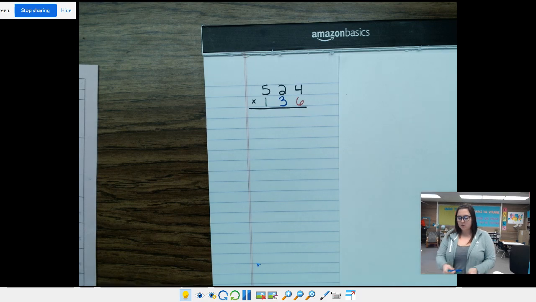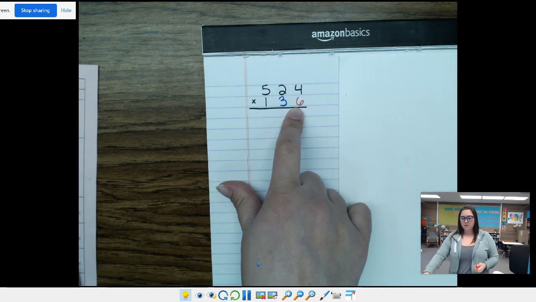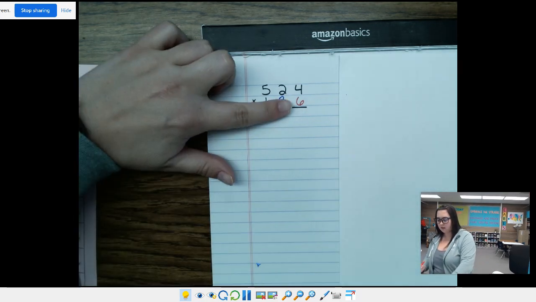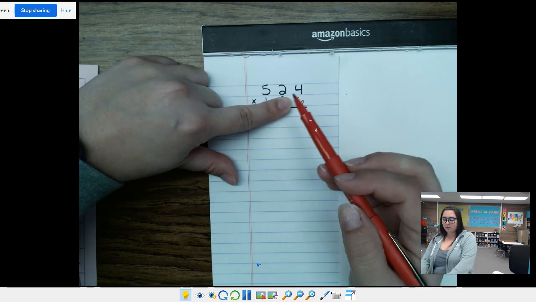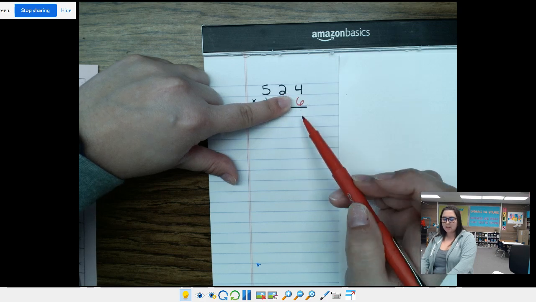Let's get started. So of course I'm going to start with my 6 first. Taking my red pen, I'm ignoring the rest of the digits there, and I'm going to do 524 times 6.